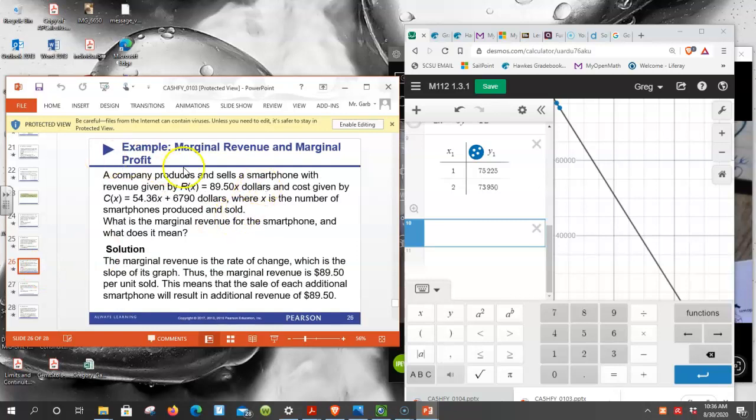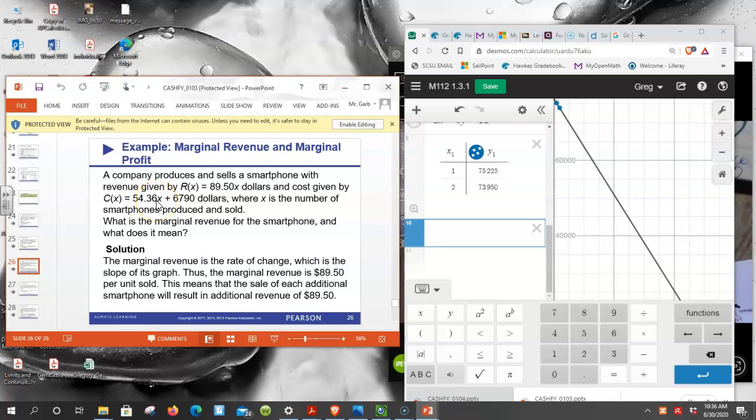So right here, this company produces and sells a smartphone. R stands for revenue, and X stands for the number of smartphones sold. So they're selling it for $89.50.